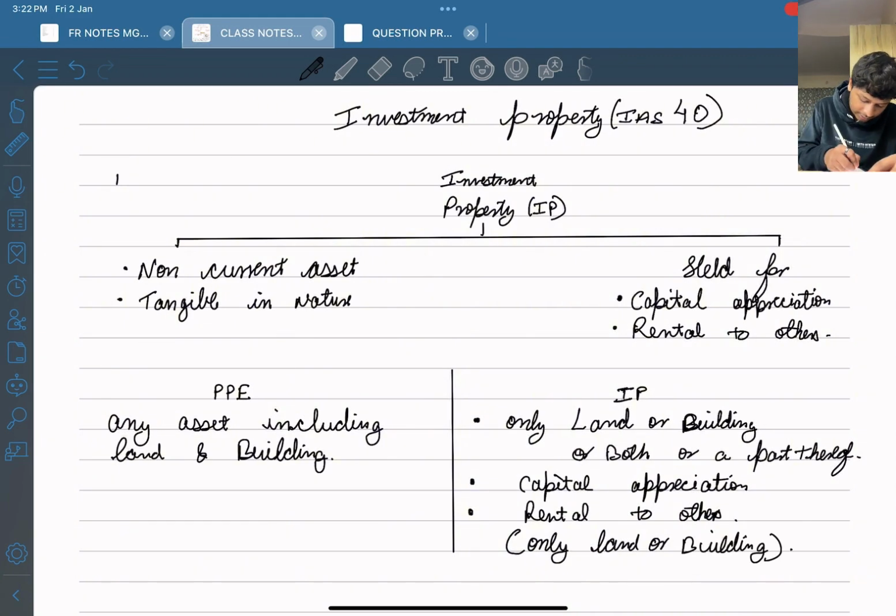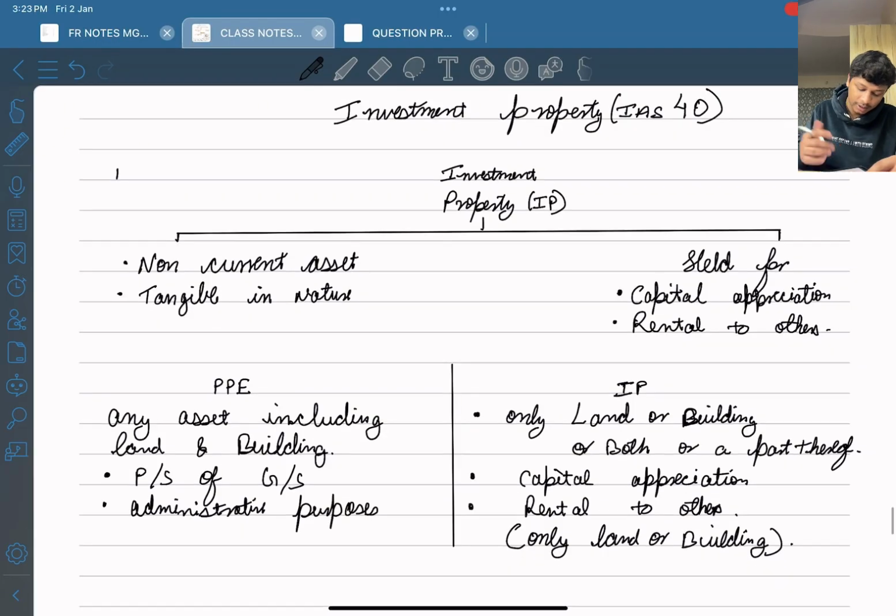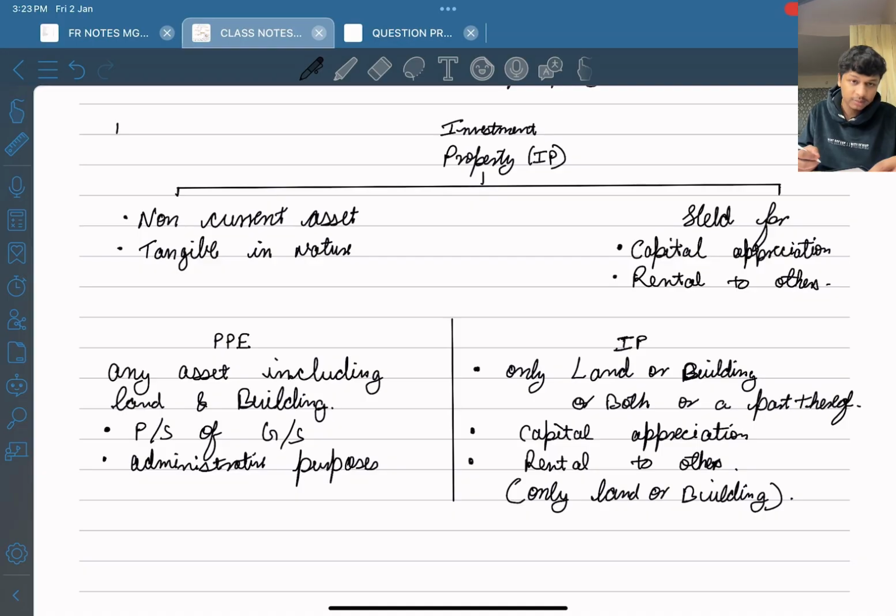And in property, plant, and equipment, it is held for production or supply of goods and services, or it is held for administrative purposes. Administrative purposes can be head office, because it is used as an office, or it is used for rental to others.